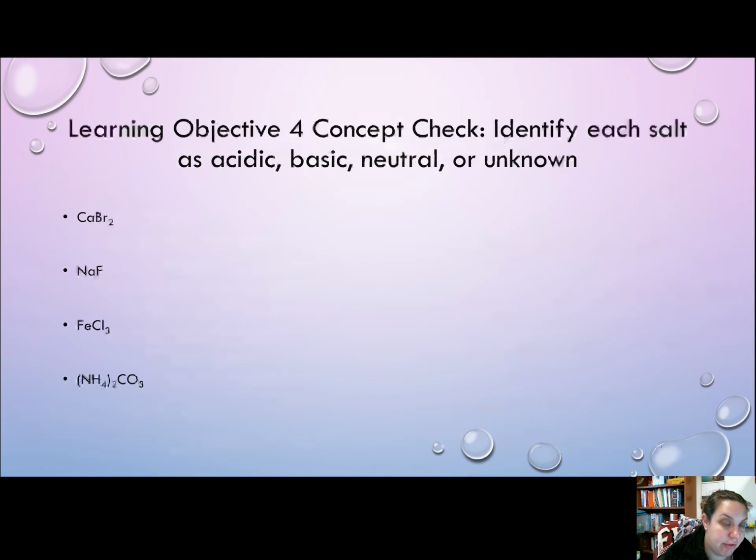So we have calcium bromide. Calcium came from our base, so it's calcium hydroxide. And then bromine came from our acid, HBr. Calcium hydroxide is a strong base. HBr is a strong acid, so it would be a neutral cation plus neutral anion.